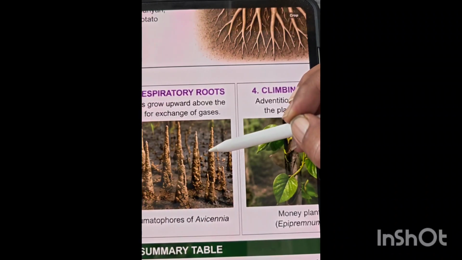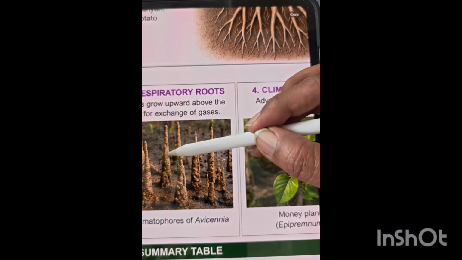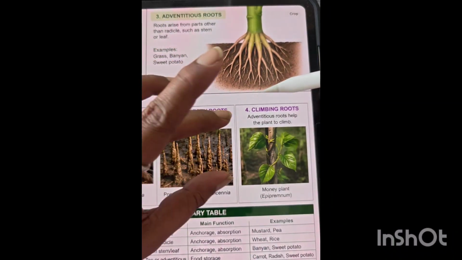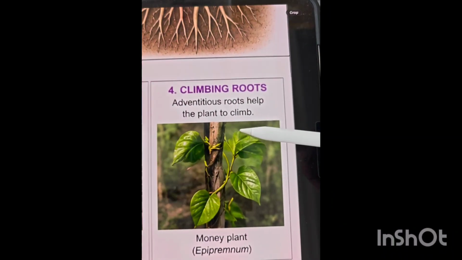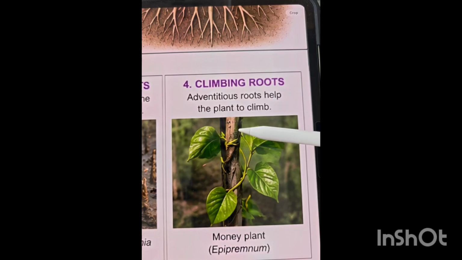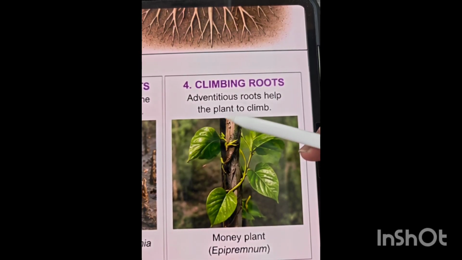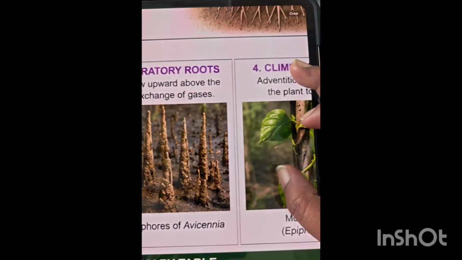The fourth is the climbing root, very commonly found in your house. In the money plant or betel leaf you will find aerial roots which help the plant to support itself and climb for sunlight.